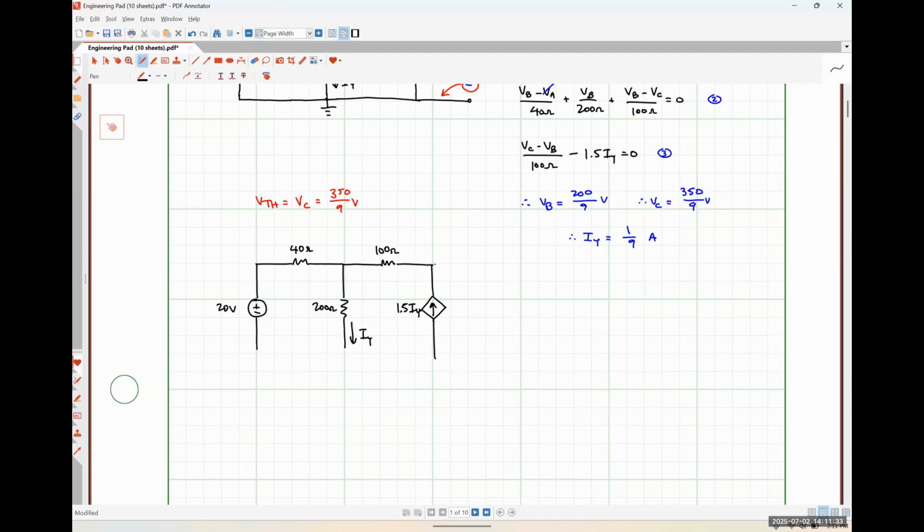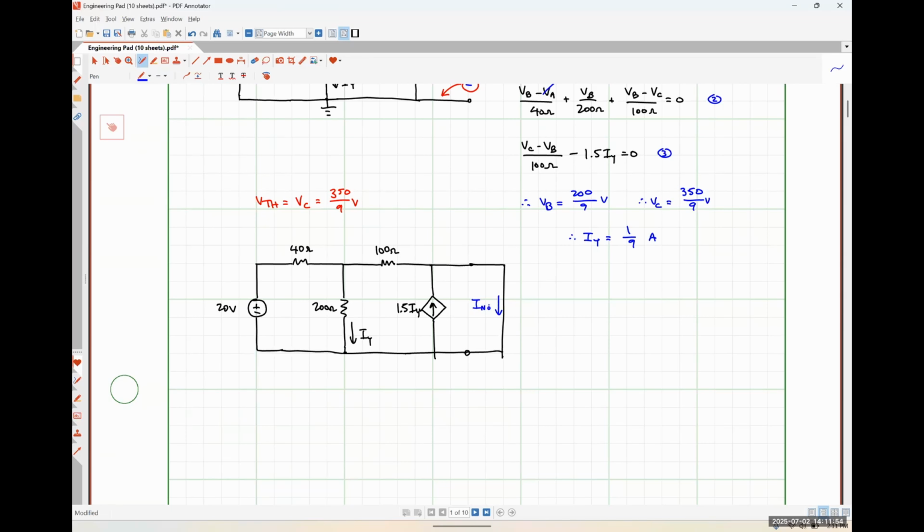Here's IY. And now I'm short circuiting my terminals over to the right, like so. And my Norton current is the current that's flowing down through this short.